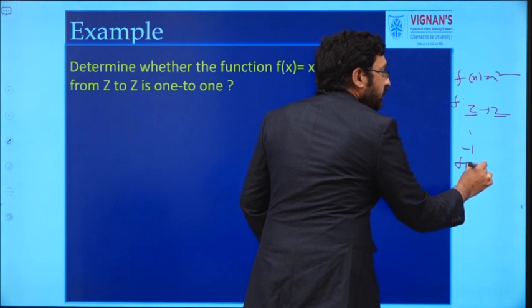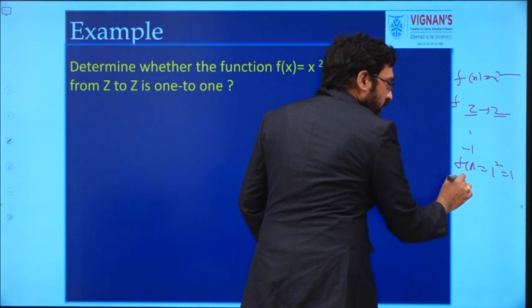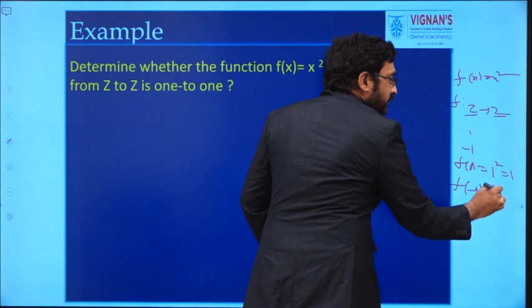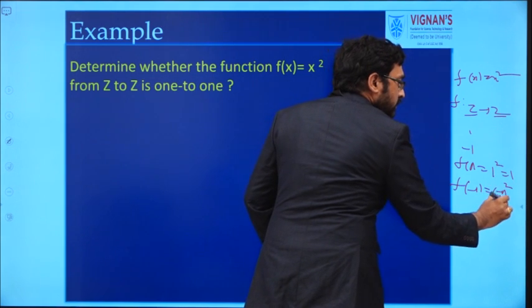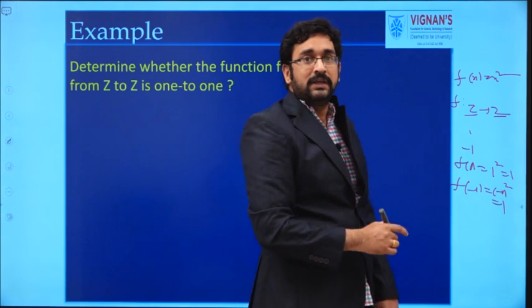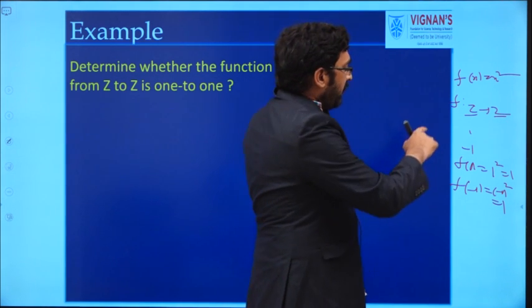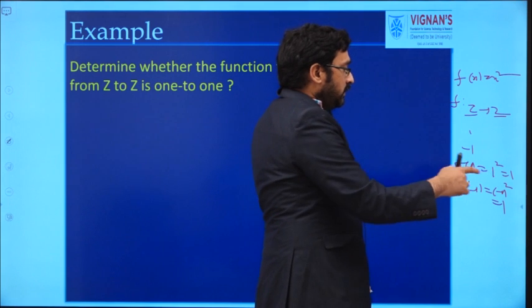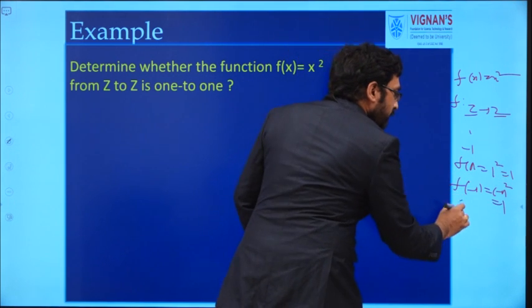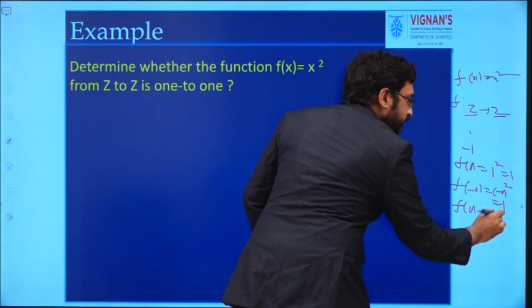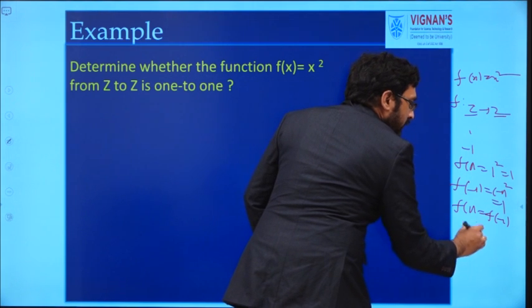What is f of 1? 1 square, equal to 1. What is f of minus 1? Minus 1 whole square, that is also 1. That means if you take 1 and minus 1 from the domain, both are mapped to the same element. f of 1 equals f of minus 1, but 1 is not equal to minus 1.